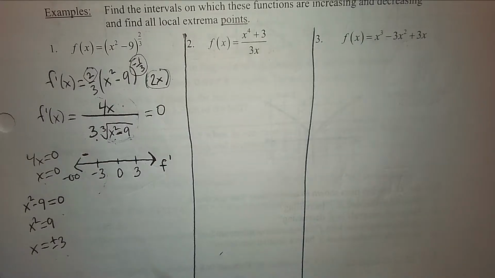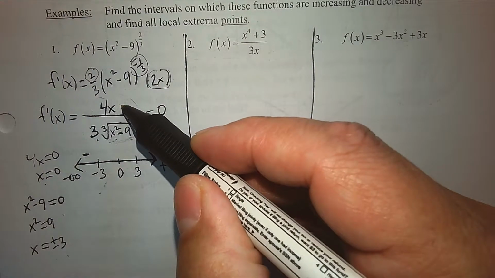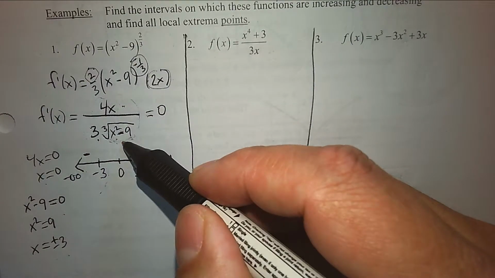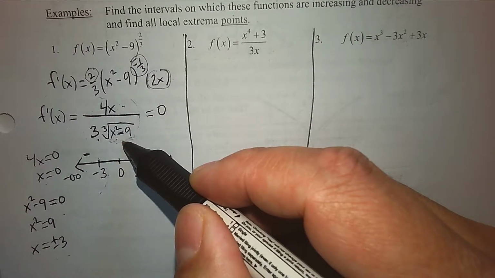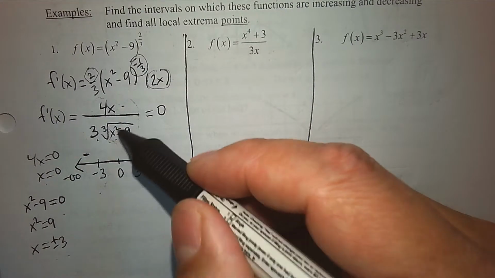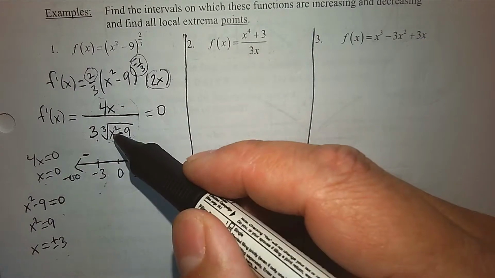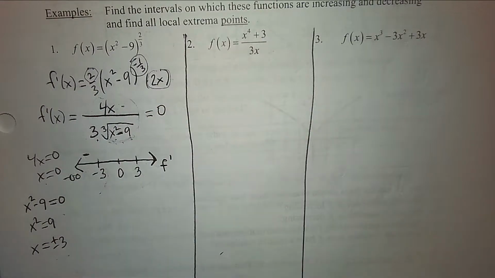How about from negative 3 to 0? What's a number I can plug in? Negative 2, negative 1. Both are beautiful. Top, negative or positive? Negative. Bottom. No, negative. So if I went negative 2 squared, or negative 1 squared, positive. But that number subtract 9 is going to be negative.